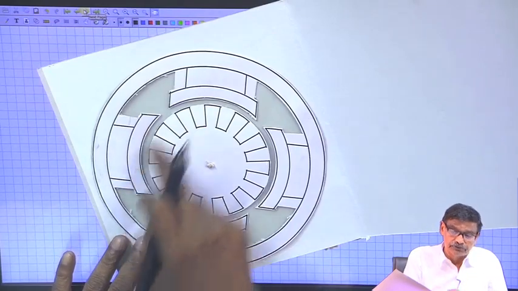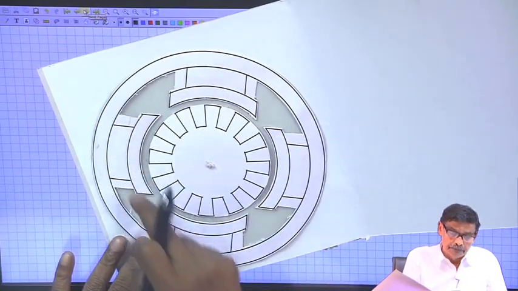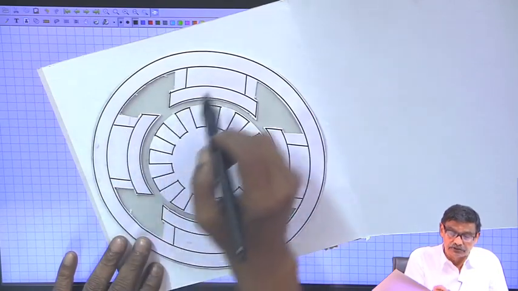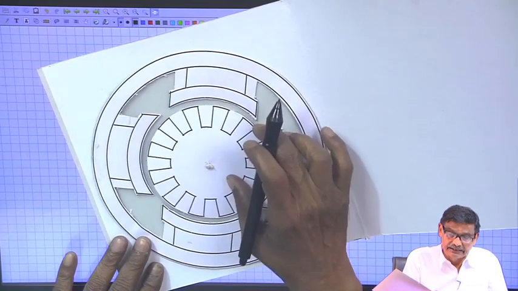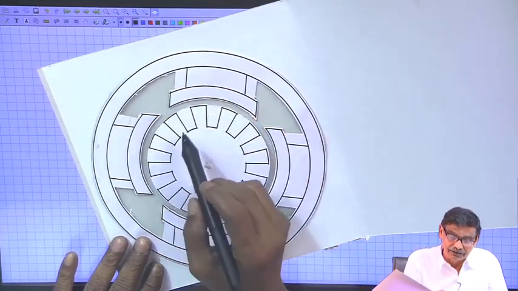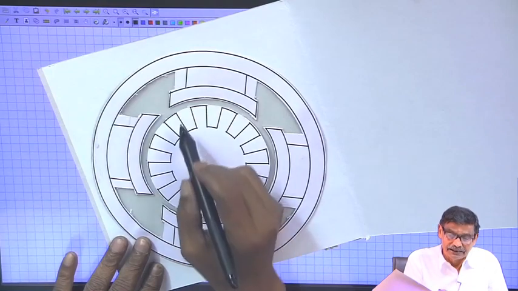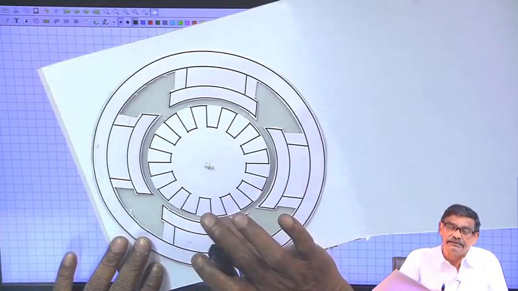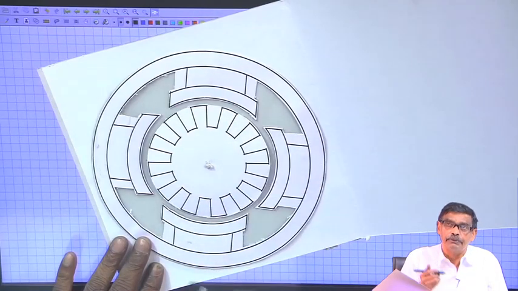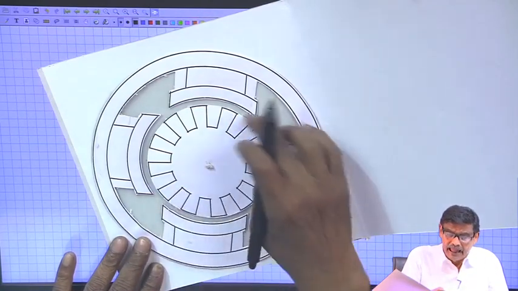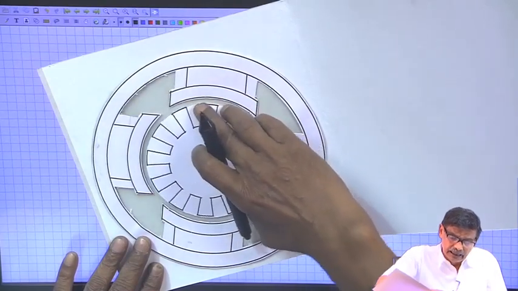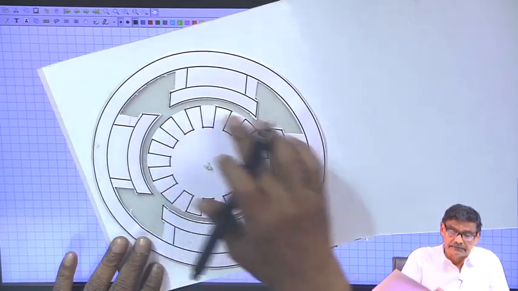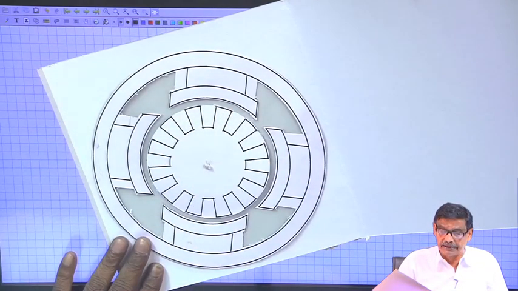These are the stator poles, where there will be coils around them to create north and south, and this armature has slots and teeth where the conductors will be placed. This whole thing has a length perpendicular to the plane of the paper, and this part will rotate, and the conductors placed here will be the armature winding.